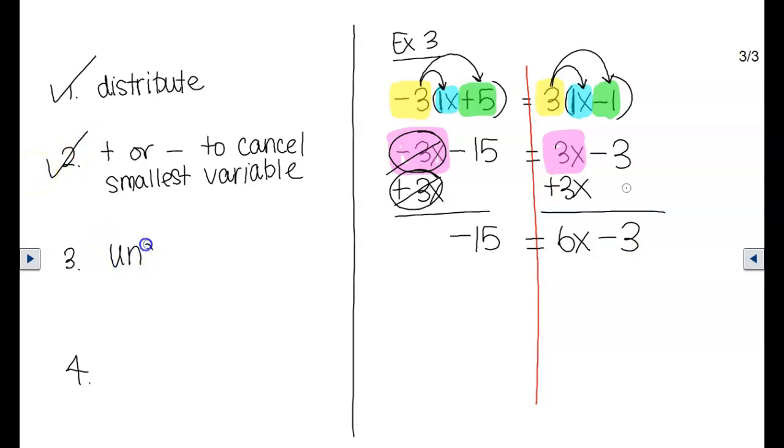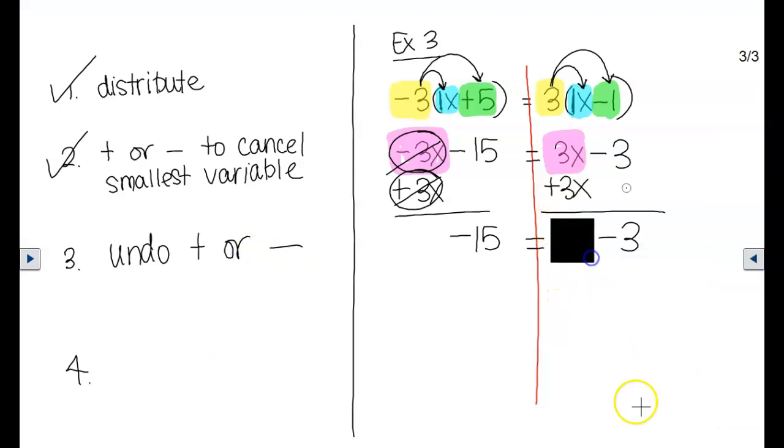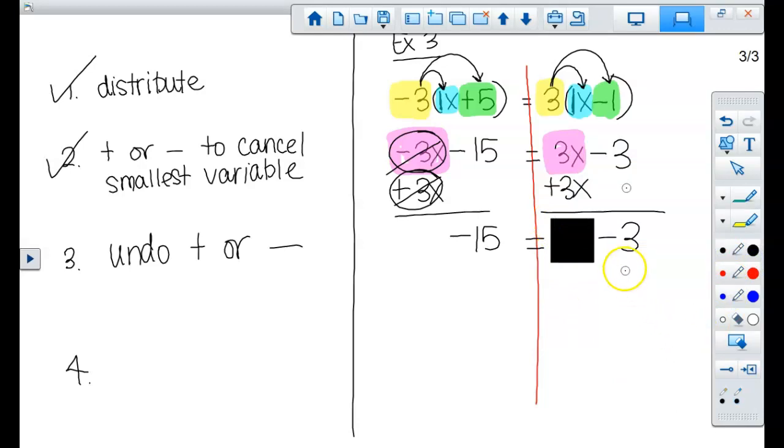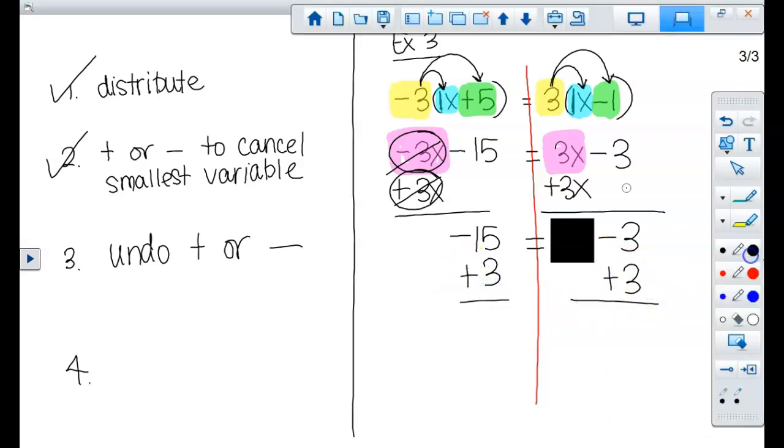Now, I'm going to undo addition or subtraction. So now this is the point where, as usual, cover up 6x so I can see that I have subtract 3. So I undo it by the opposite, add 3. That happens on both sides.